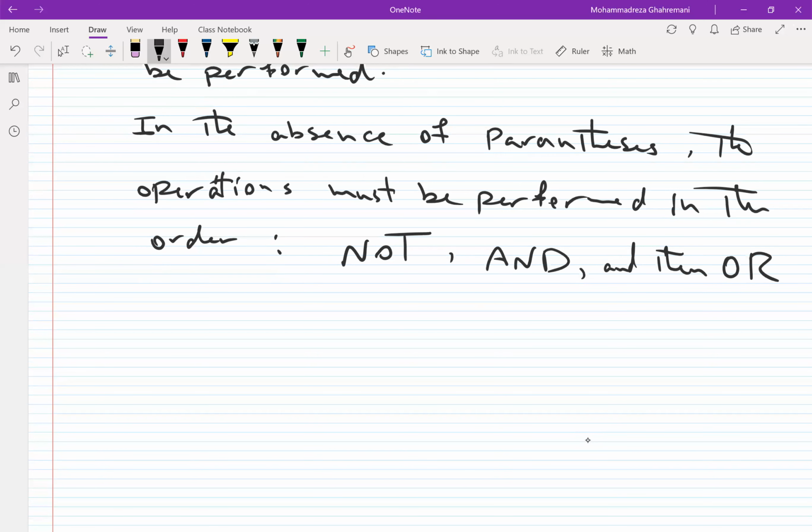So NOT has highest priority, then AND, then OR.